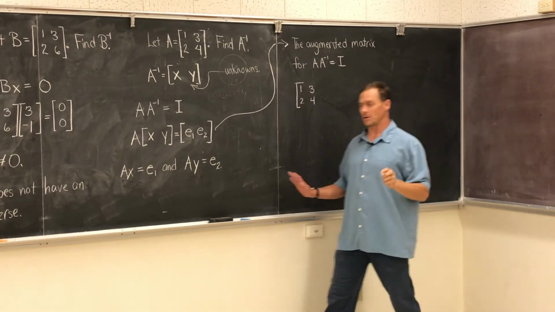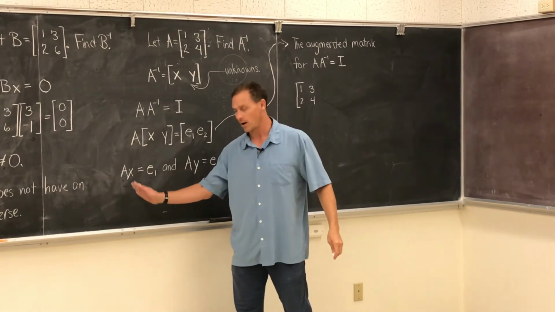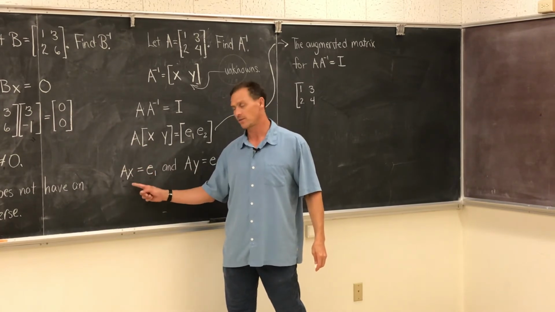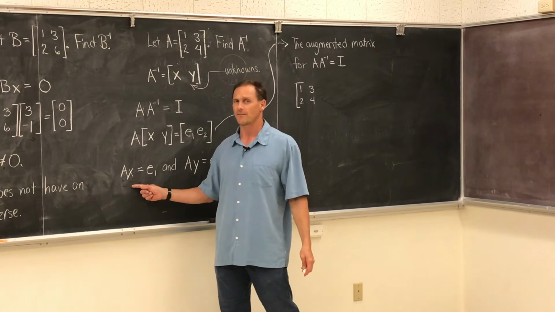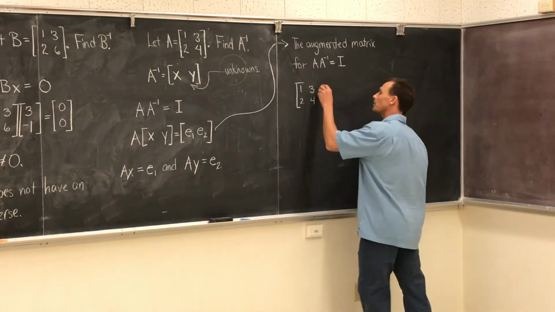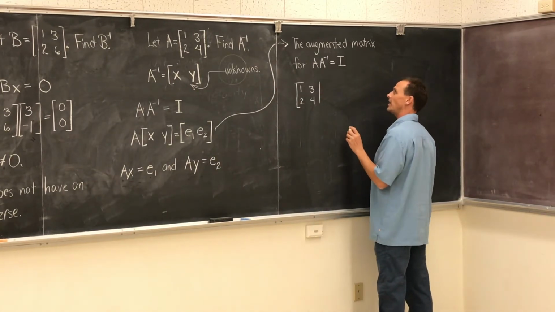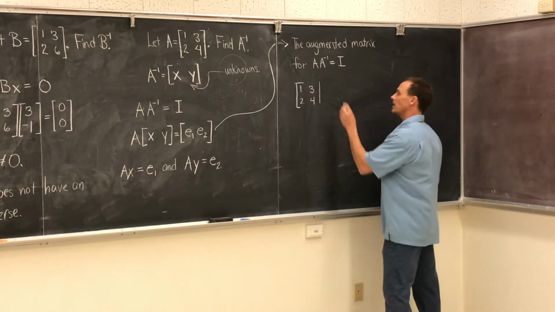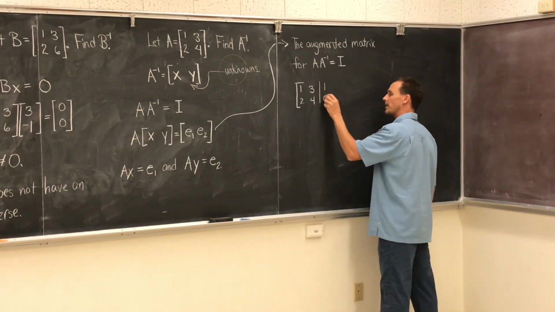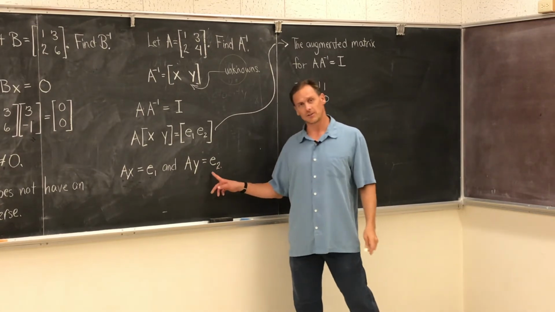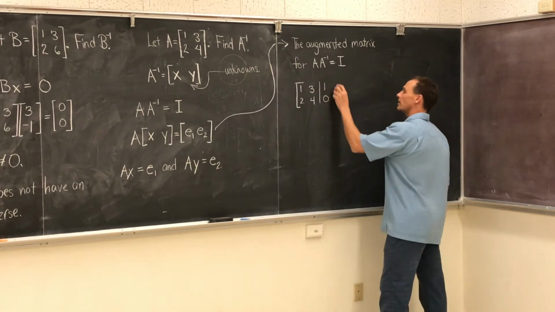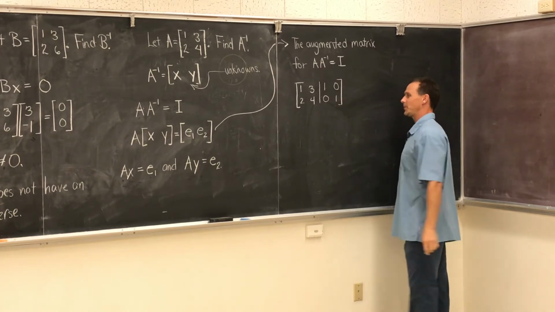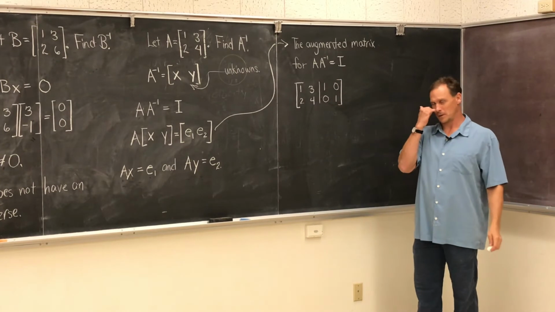And remember when we wrote this, we just put a bar to represent the variables or the components of the unknown, because they're unaffected by the row operations. And then, what does it have to equal? Well, the first thing it has to give me is E1. E1 is 1, 0. The second problem I have to solve is for E2, 0, 1. Now, that's what we have to solve.